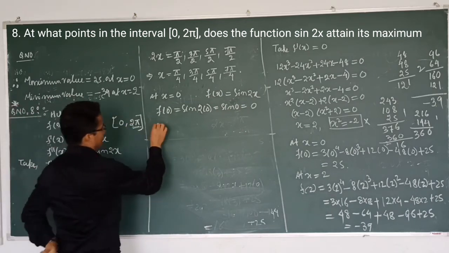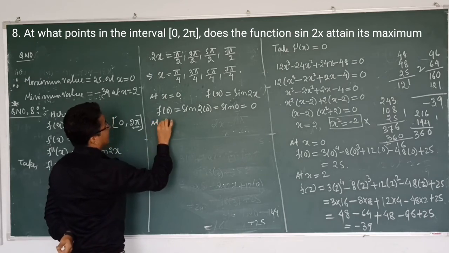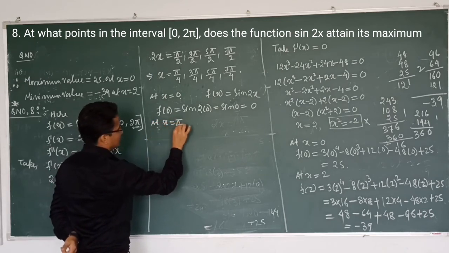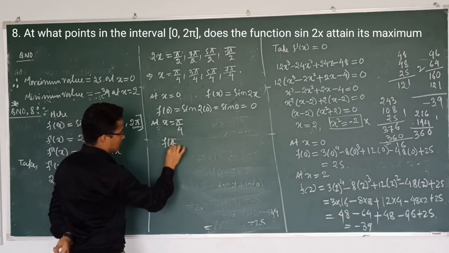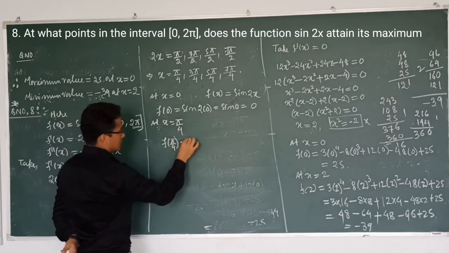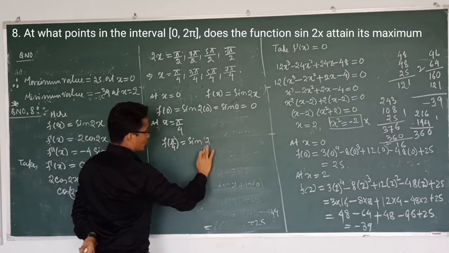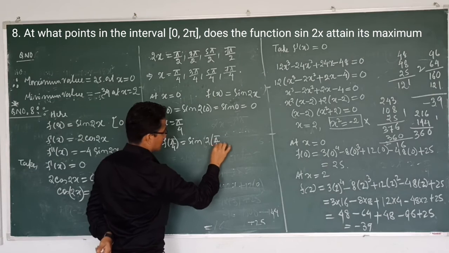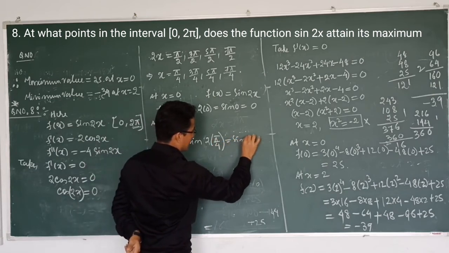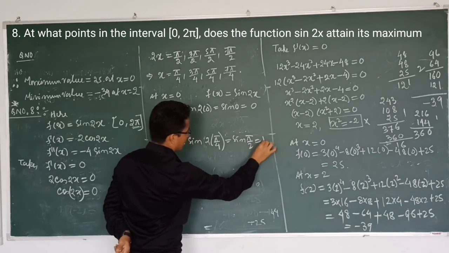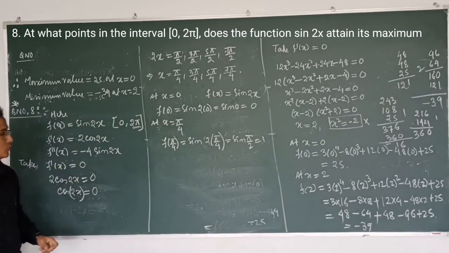Now we take x equal to pi by 4. f of pi by 4 is sin 2 into pi by 4, which is sin pi by 2, which means sin 90 degrees, equal to 1.